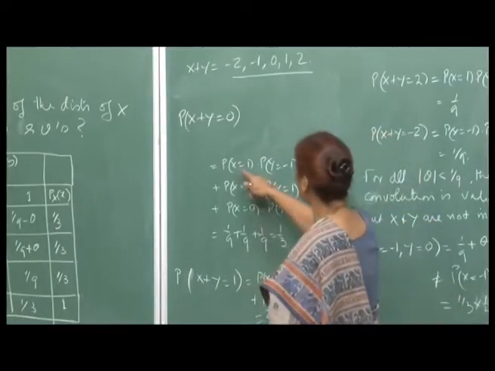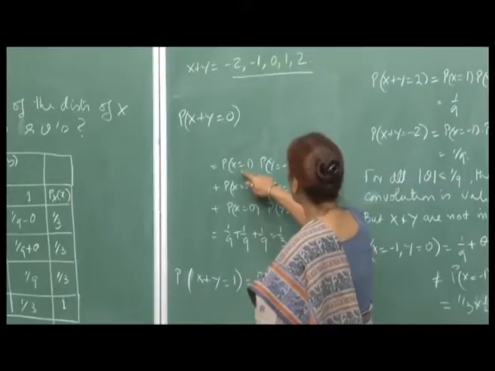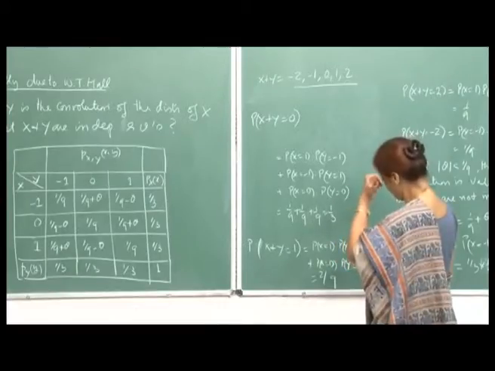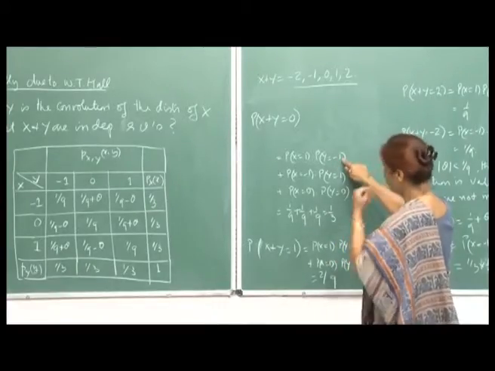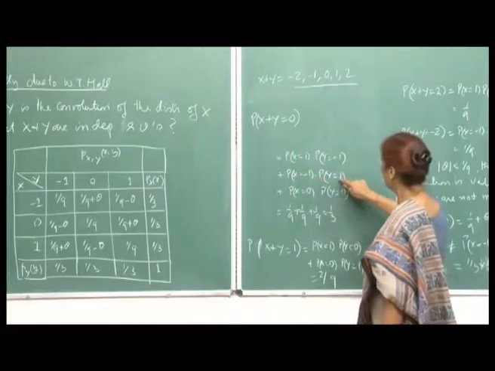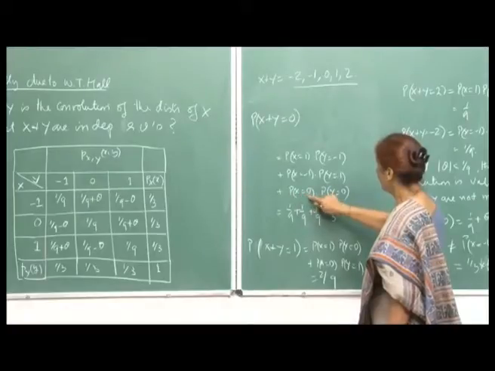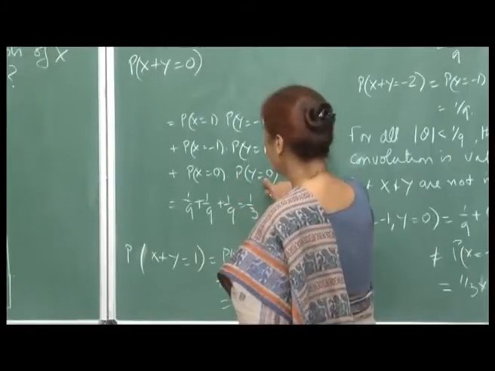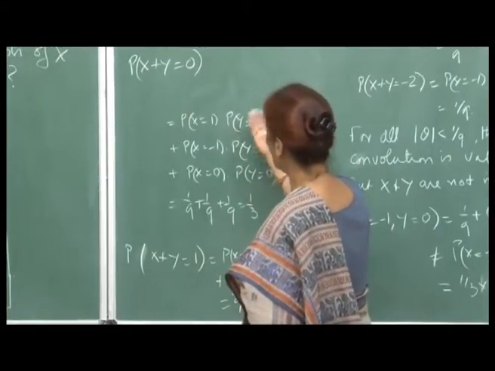By convolution I mean I am taking x equal to 1, then y will be equal to -1. If you take x equal to -1, then y will be 1, and if you take x equal to 0, then y will also be 0. These are the three you can convolute here.